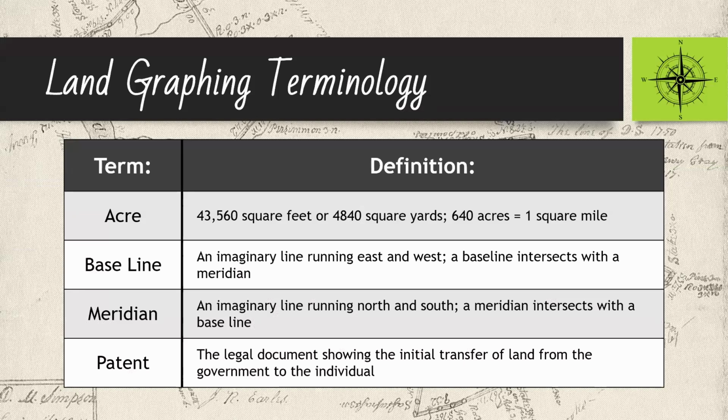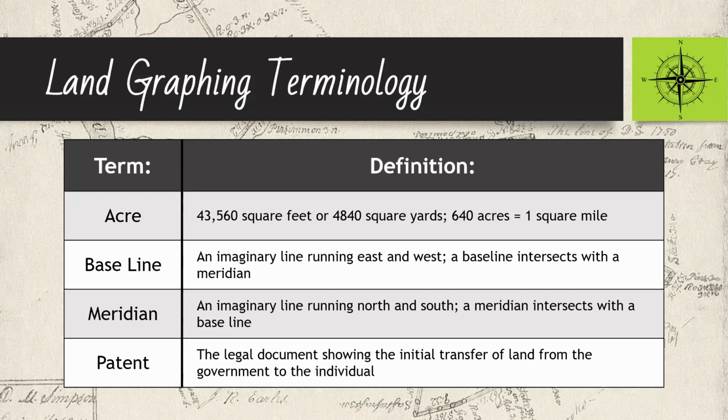Some states have multiple baselines and meridians within them. There are some groups of states that all share the same baseline and meridian. I live in Utah, and I know that our baseline and meridian crosses in downtown Salt Lake City, and I can walk to the marker and ta-da, here's our baseline meridian intersection.